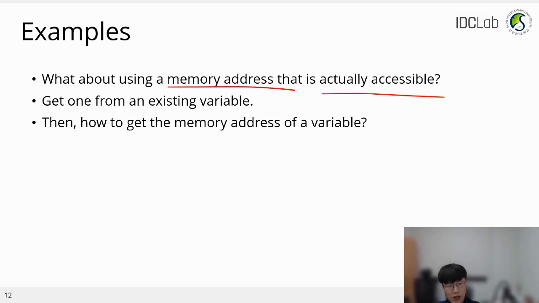So get the memory address of an existing variable, then the problem reduces to how to get the memory address of a variable. We already talked about this question, right? We had the reference operator.